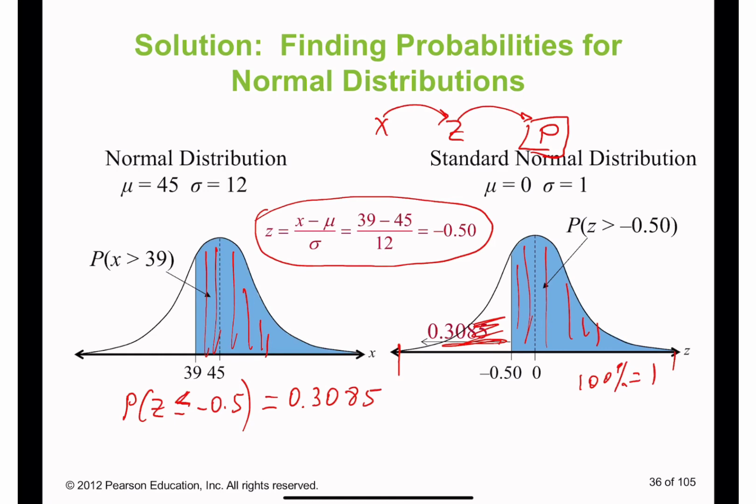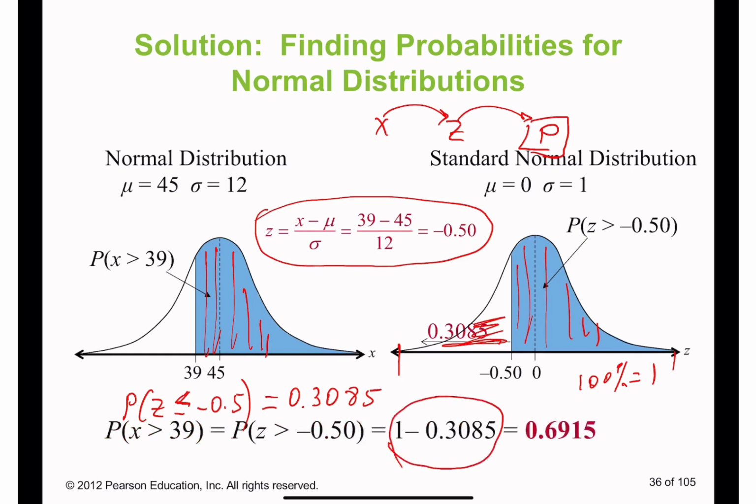Okay? Once you found it, moving to the next step. So that means 1 minus 0.3085, precisely what I was telling you. And here we get 0.6915, which means 69.15%.